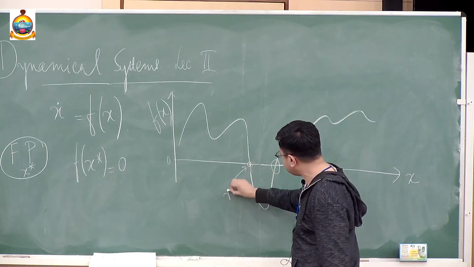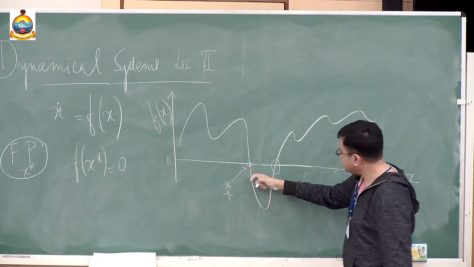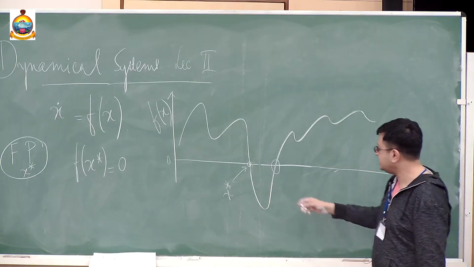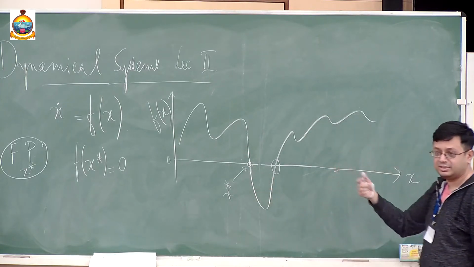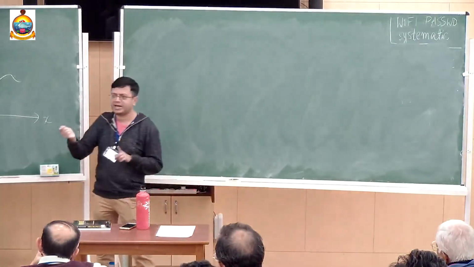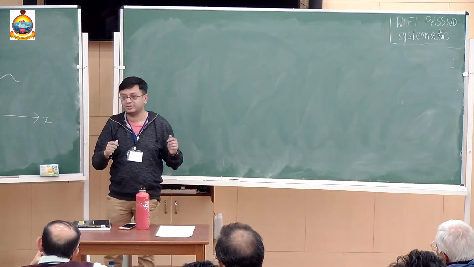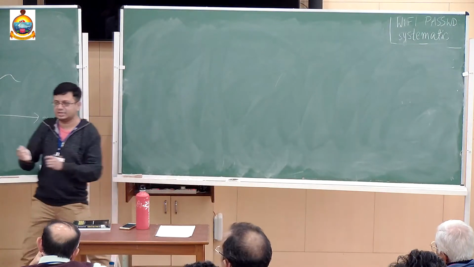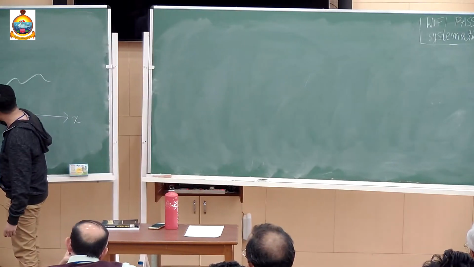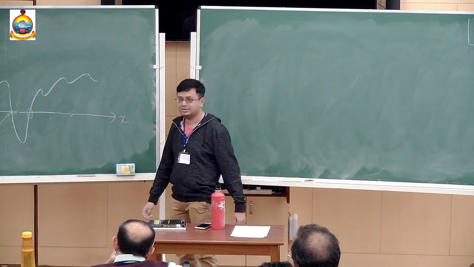So this is my x star. Then I see that f of x is negative. So this means that the velocity is negative. Velocity is negative means if I start with a point slightly to the right, I will be brought back to x star because the velocity is not in the positive direction, it's in the negative direction.